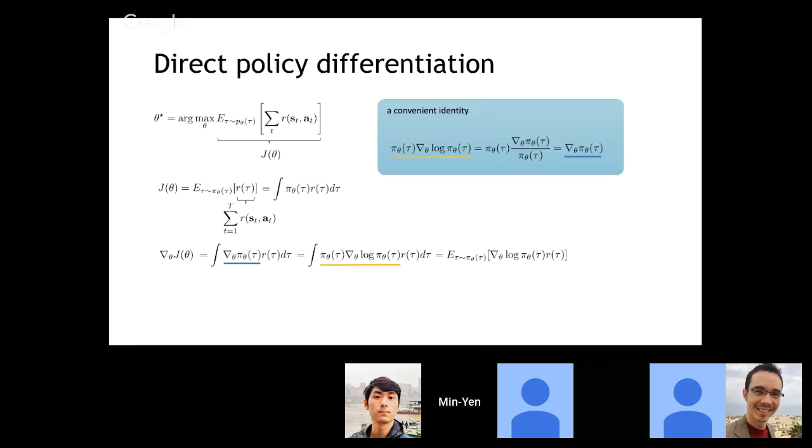Quickly to go through it, if J theta is our objective, then the expectation we can write in the form of an integral, the probability distribution over the rewards. Using this identity, we can substitute the grad. When we take the gradient of the objective, we can put the gradient inside, substitute with this identity, and then we get an expectation over the grad of log of our probability distribution.